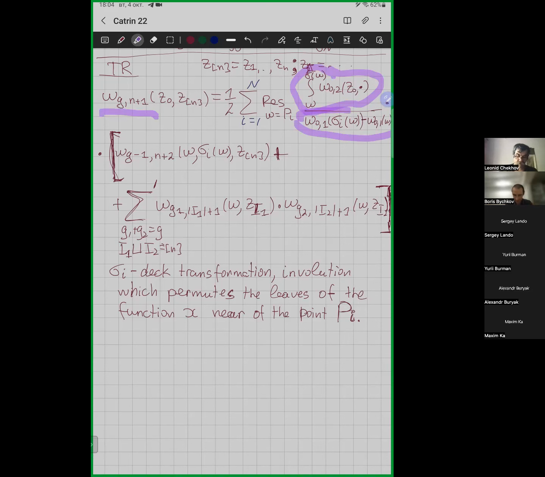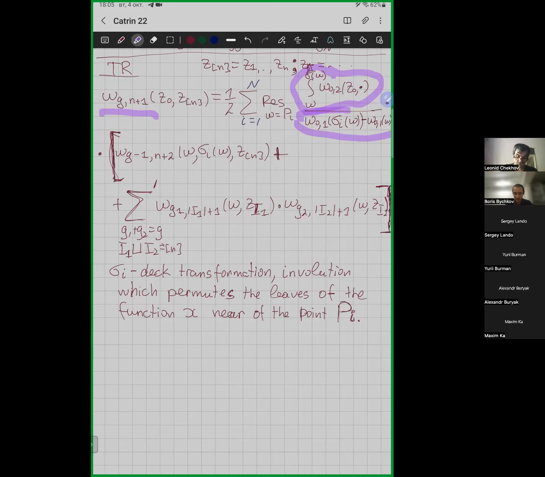So it's more or less okay. You see here this deck transformation is used very much in the numerator and denominator, and here also.